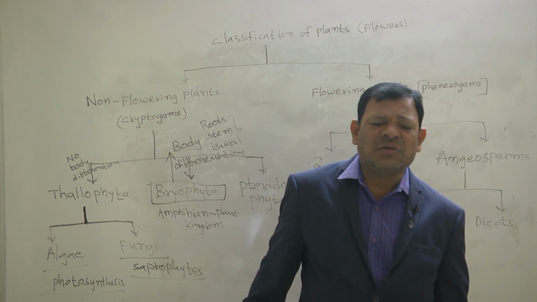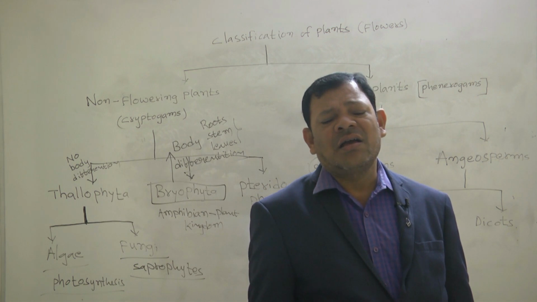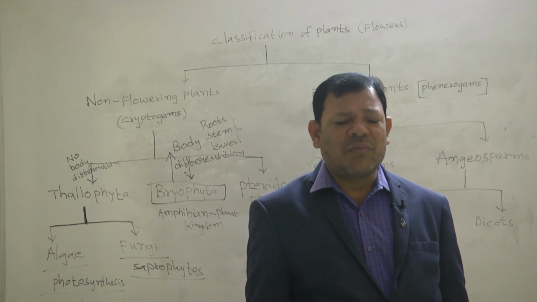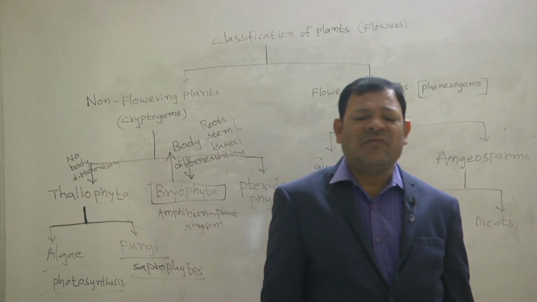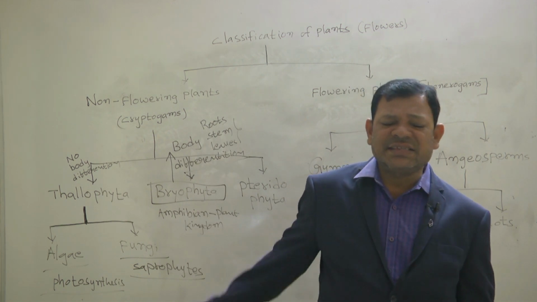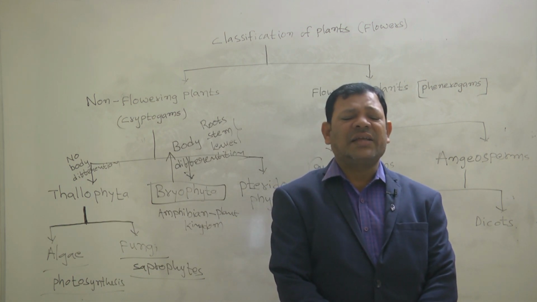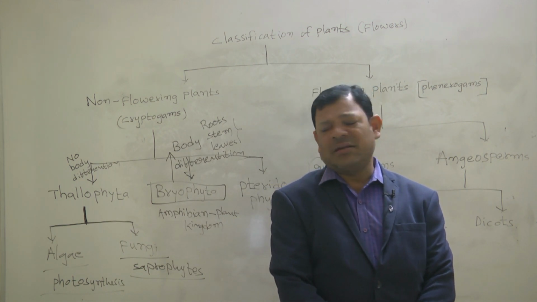Here also, these organisms can live on land and in water, in marshy and wet areas. So these are plants that can live in water as well as land.